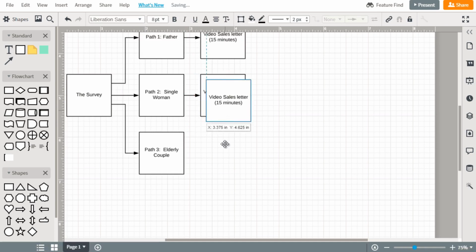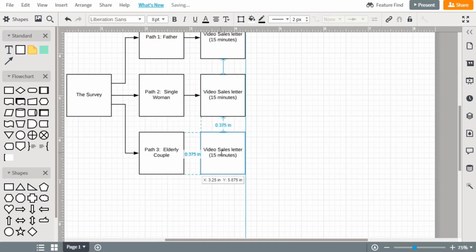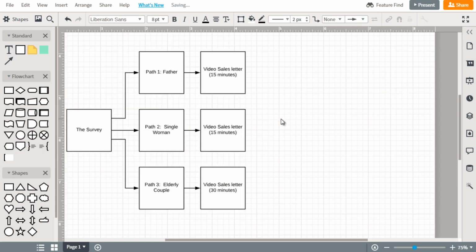But then we find during our research that the elderly couple have more time on their hands, but at the same time they take more convincing and they're maybe reluctant or skeptical of technology. So maybe they require, in this case, a 30-minute video sales letter to really convince them.